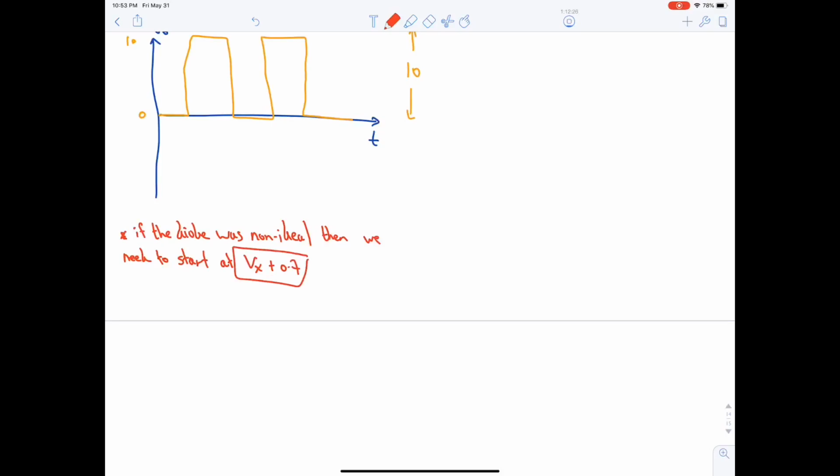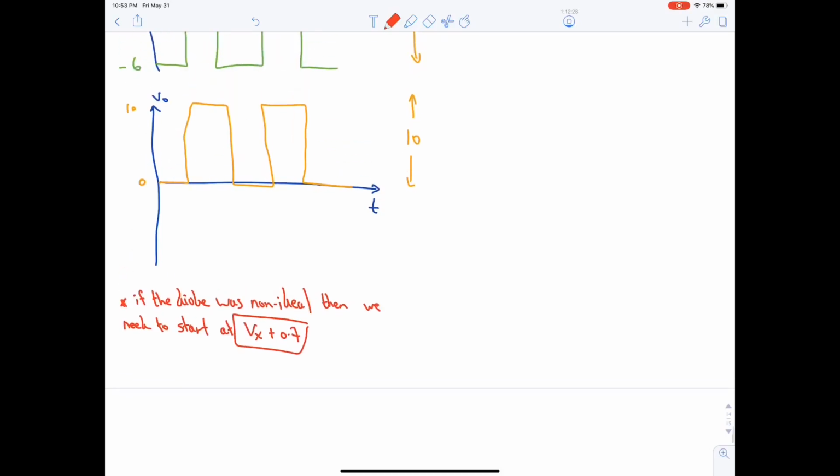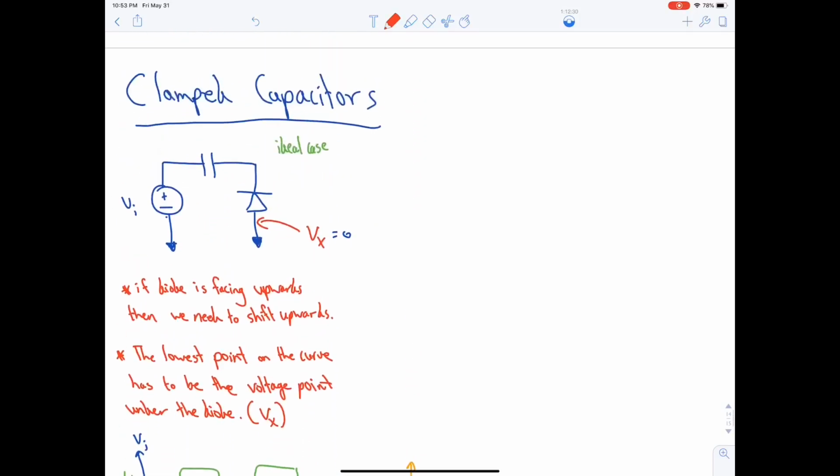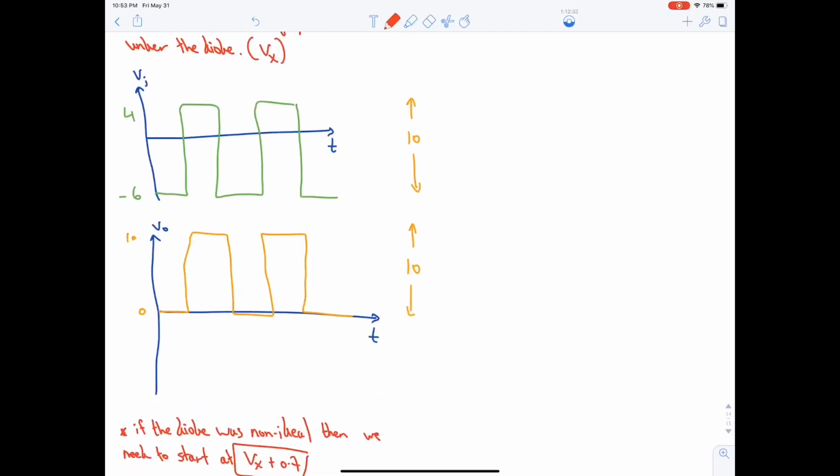So we need to add 0.7 first. So instead of 0, let's consider this as non-ideal, then you need to start from 0 plus 0.7. So you need to start here. If you start here, then you have to end at 10.7.